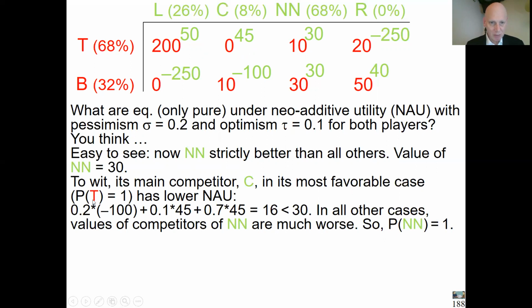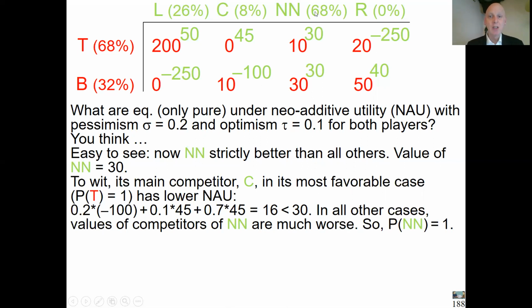Here are the calculations; this 0.2 weight for minus 100 is completely killing it. It's much worse than NN. So this was C with probability 1 for T, the best case for C; for all other probabilities, things are only worse. So in every respect, NN is superior to everything else by the neo-additive model.